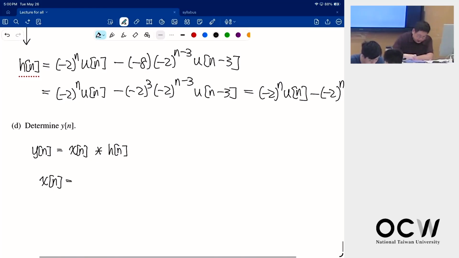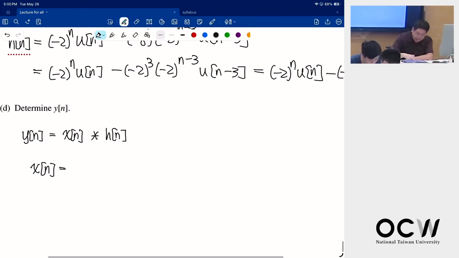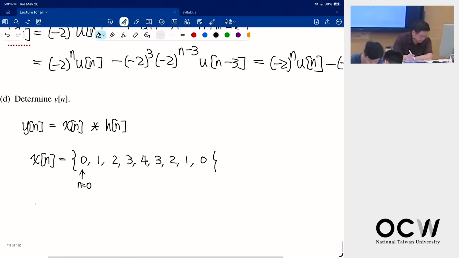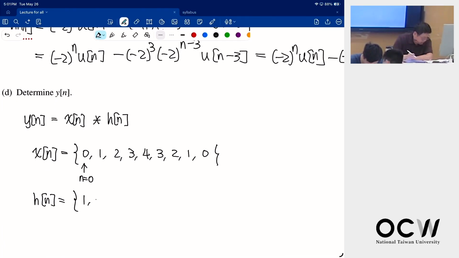Either way, you can do it in the frequency domain and then do the inverse Fourier transform, or here, we know x is 0, 1, 2, 3, 4, 3, 2, 1, 0, and h is 1, -2, 4, 0, starting from 1.